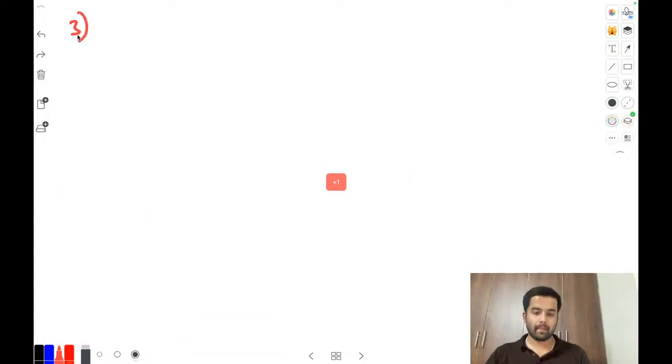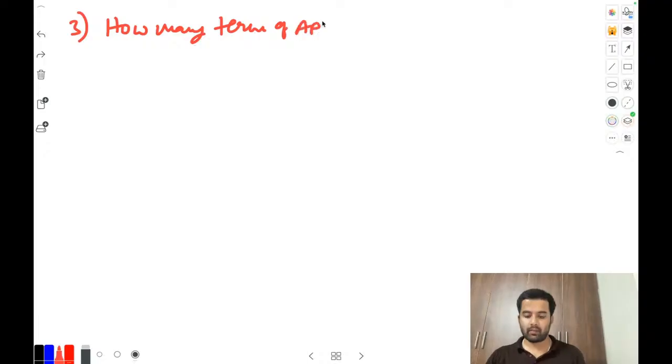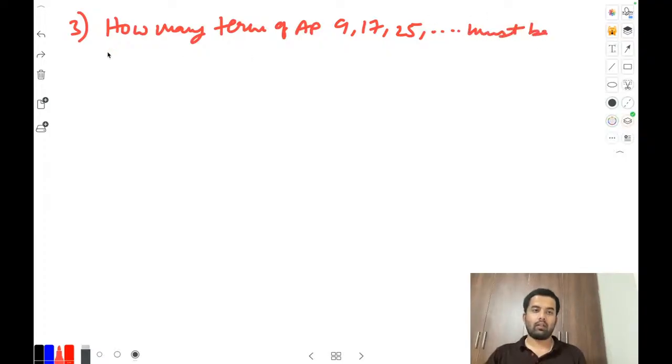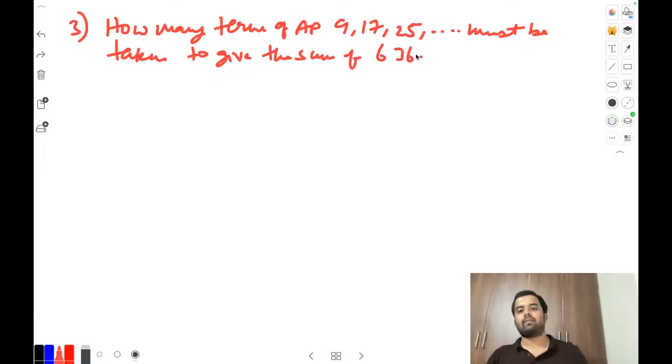Third one is, write it. How many terms of the AP provided below, 9, 17, 25, and so on, must be taken to give the sum of 636?